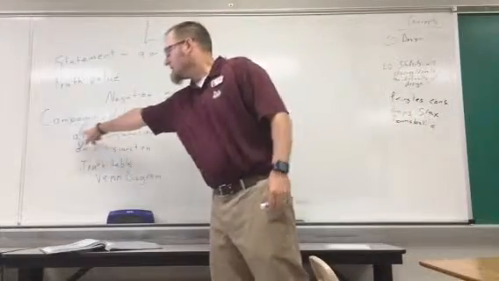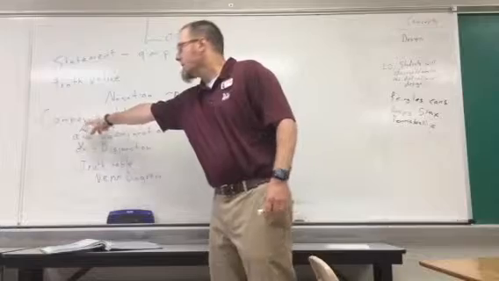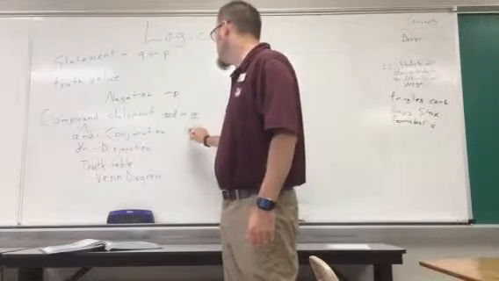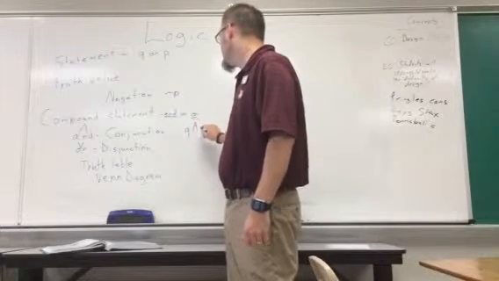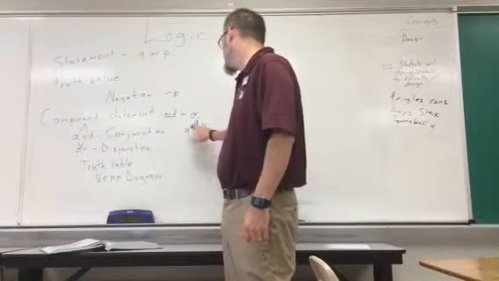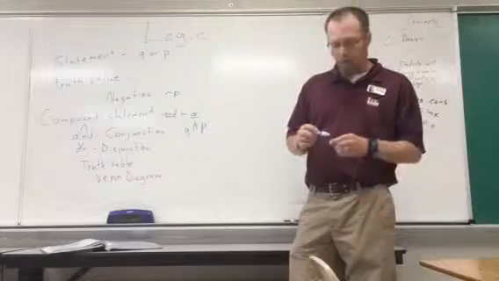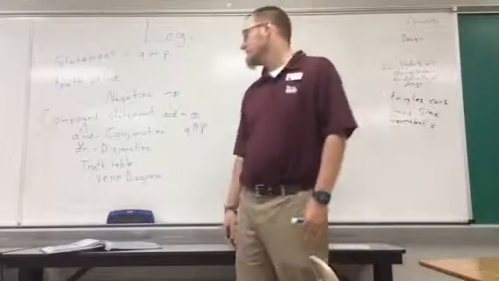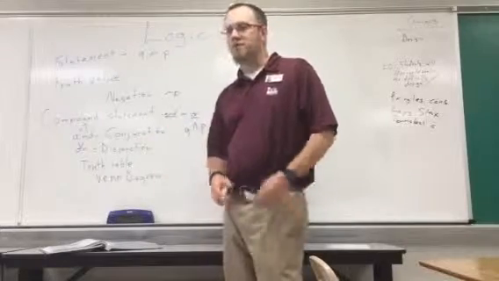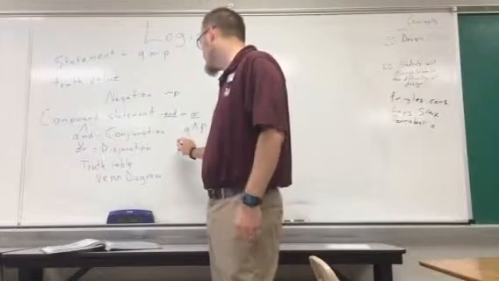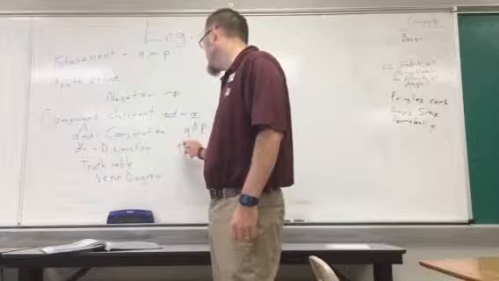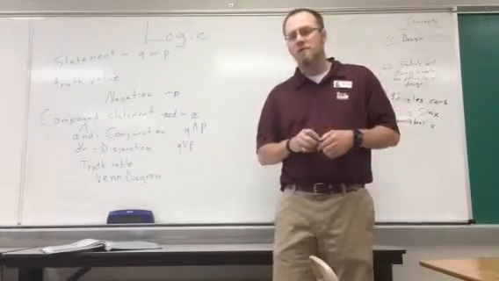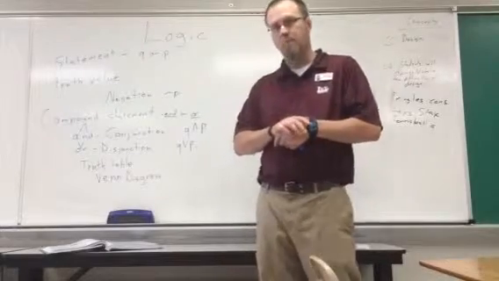Now, and is sometimes represented by this little top hat symbol, so it'll be like Q and P, not an A, just that little arrow up, that little caret. So Q and P means we need both of them to be true. The disjunction of that statement, when you use or, would be the Q and then a V and a P, meaning only one of them needs to be true for the statement to be true.